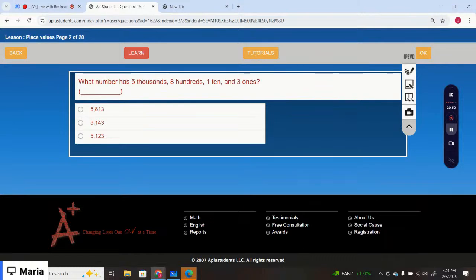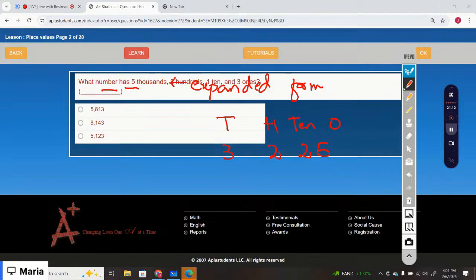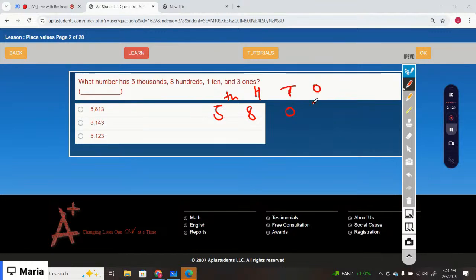What number has 5 thousands, 8 hundreds, 1 ten, and 3 ones? 5 is at the thousands position, 8 is at the hundreds, 1 is at the tens, and 3 is at the ones.